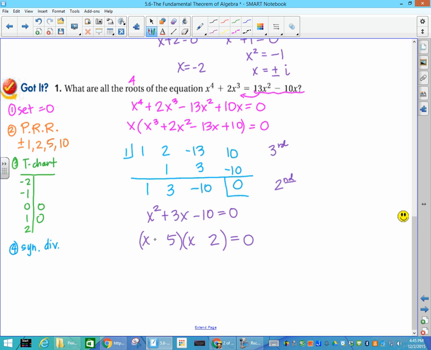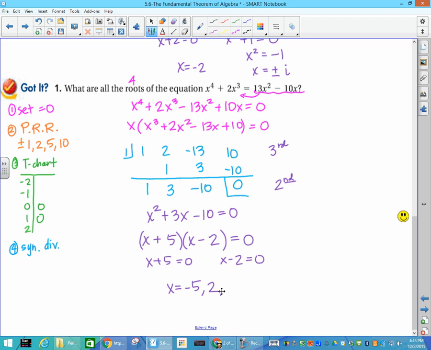I need a positive 3, so I'm going to have a positive 5 and a minus 2. Setting each one equal to 0: x plus 5 equals 0, x minus 2 equals 0. That tells me x equals -5 or 2.